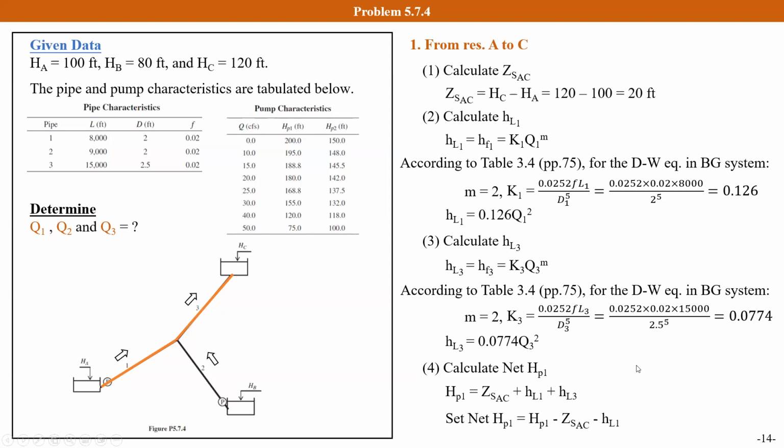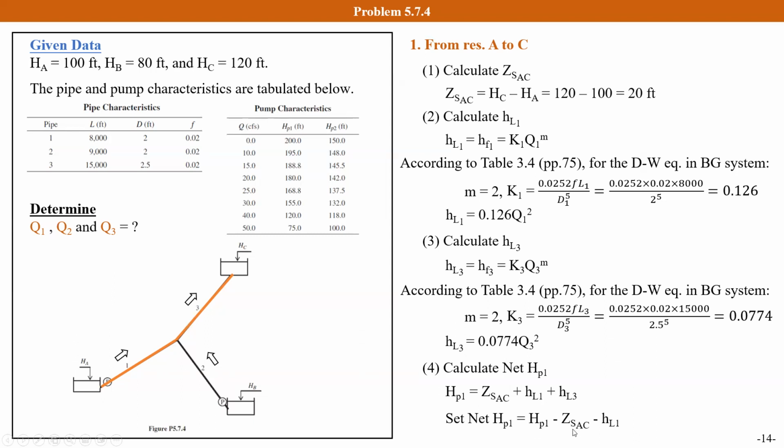So the net pump head only describes the contribution to overcome the head loss in pipe 3. It equals the pump head minus the water rise minus the head loss in pipe 1.